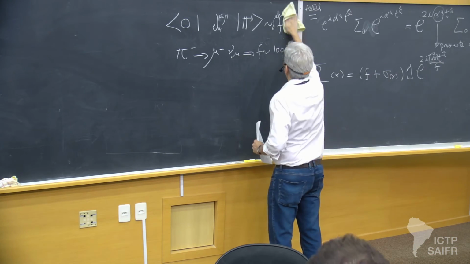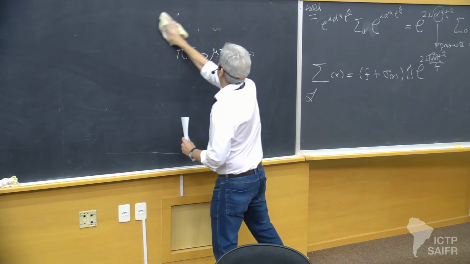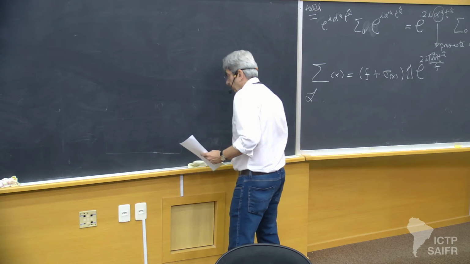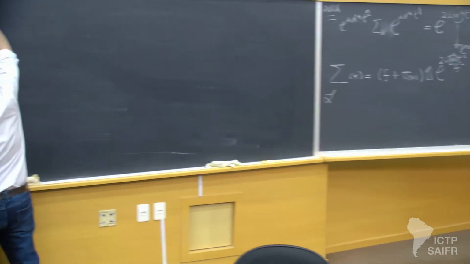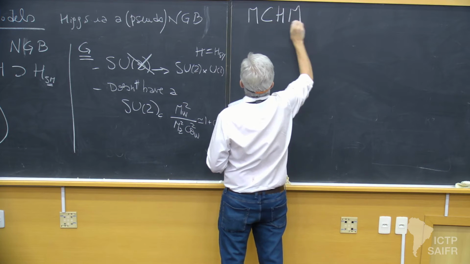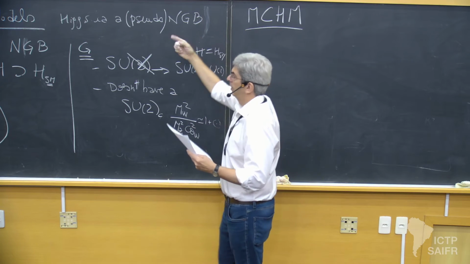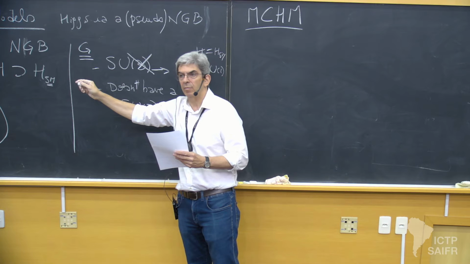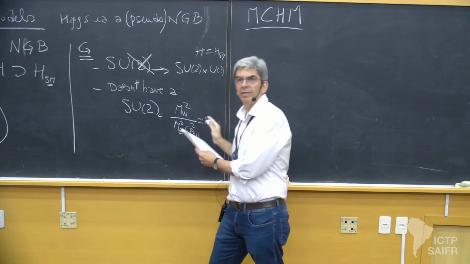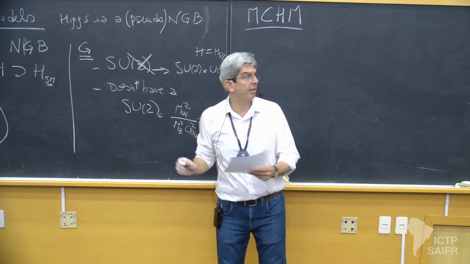But the composite model that does work is called the minimal composite Higgs model. And it's not just minimal because it has just 4 Nambu-Goldstone bosons. It's minimal because it's the minimal with this custodial symmetry built in.